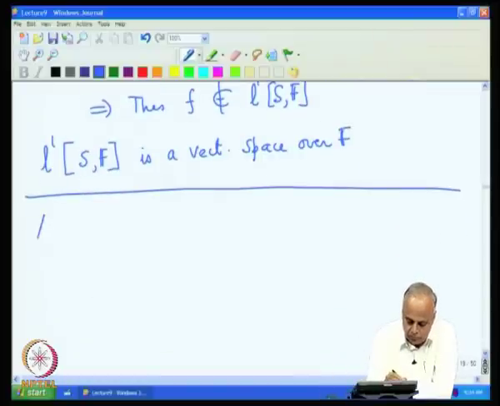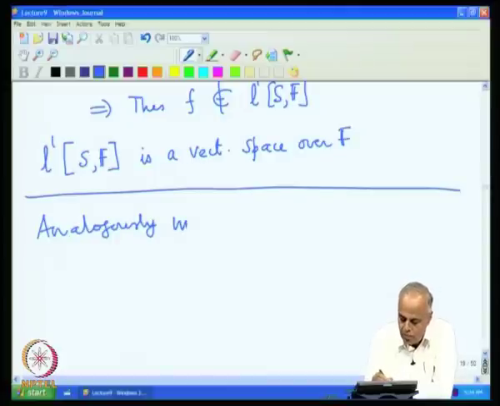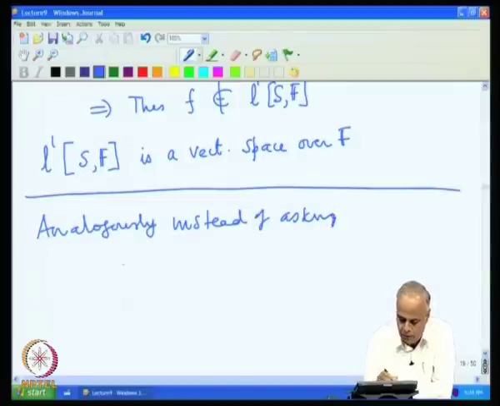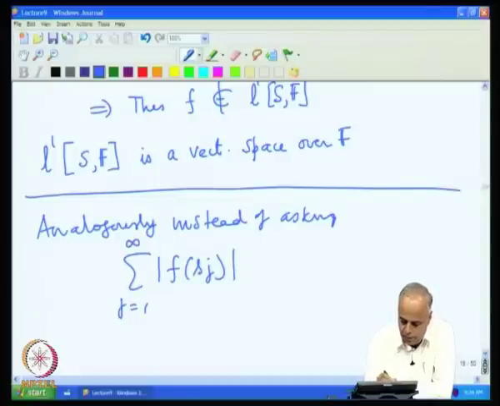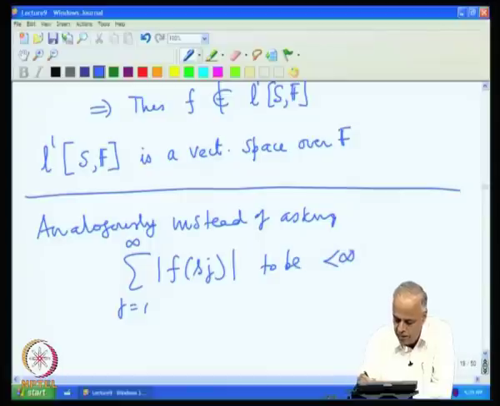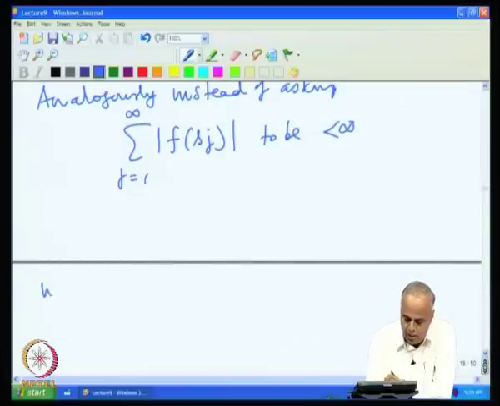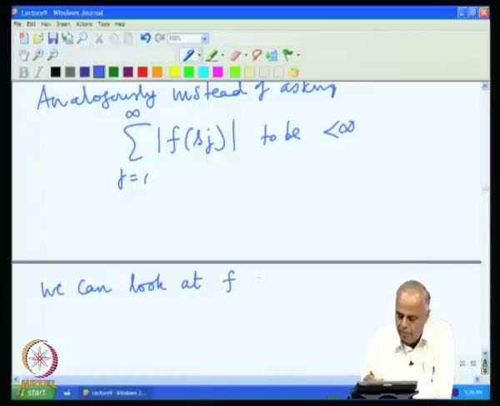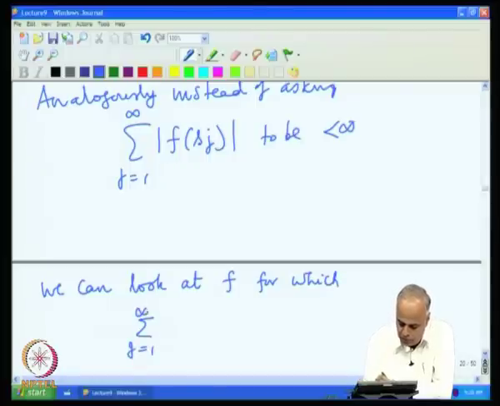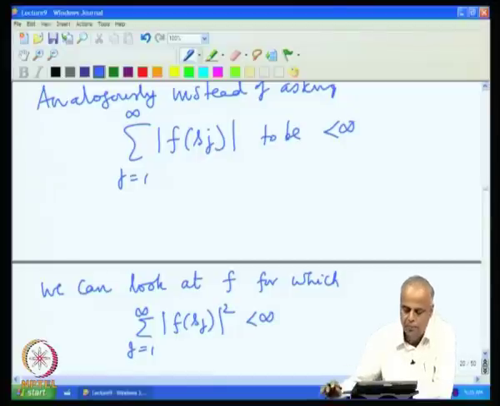Analogously, instead of asking summation mod f of s j, j equal to 1 to infinity to be finite, we can look at f for which summation j equal to 1 to infinity mod f of s j squared is finite.